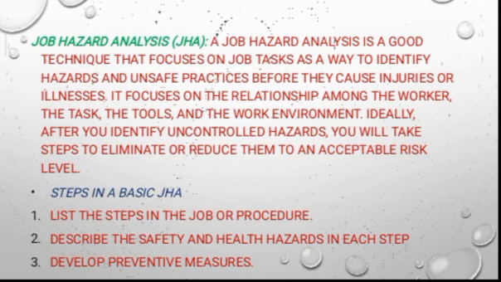Then it says steps in a basic JHA. First, list the steps in the job procedure. That is to say, you break down the task or job you have to carry out into different steps, and you analyze each of those steps thoroughly to identify any form of hazard associated with any of the steps.